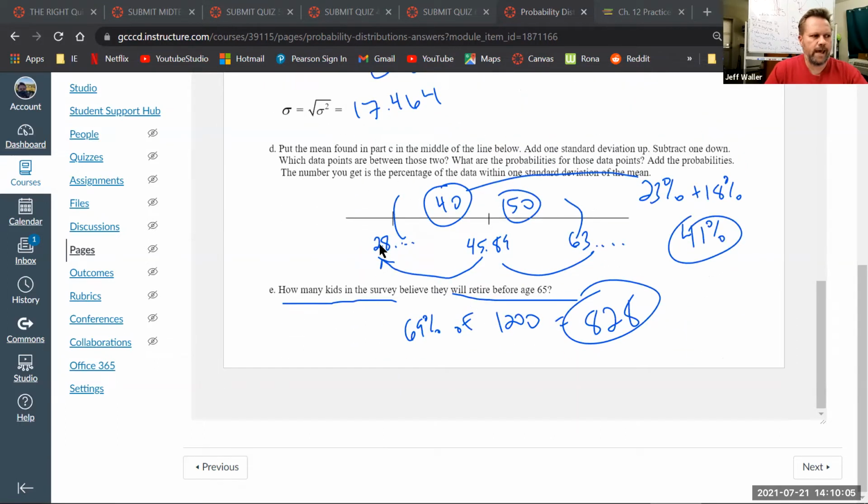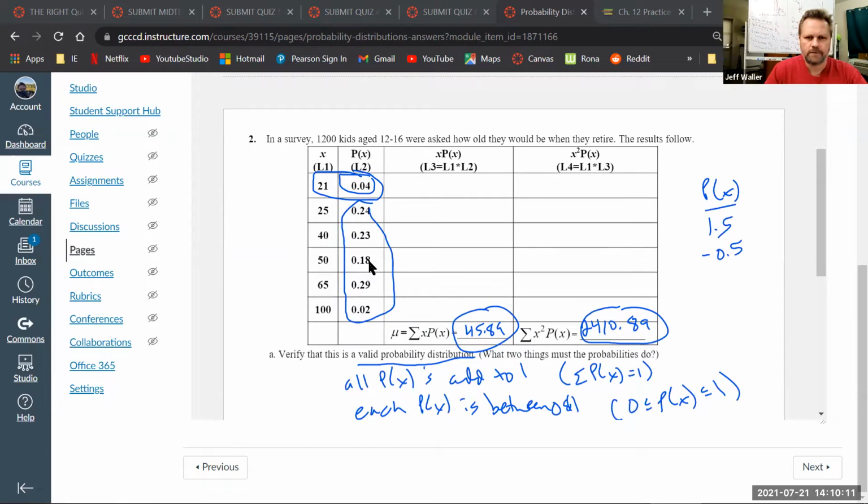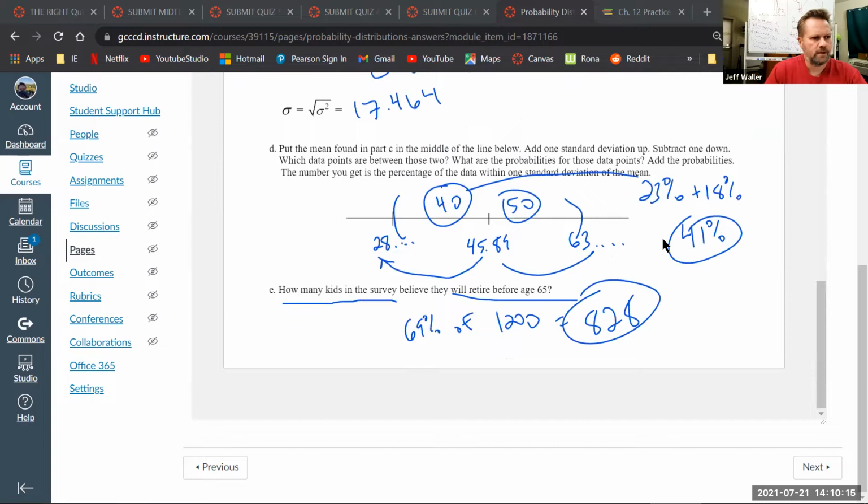So what did I catch between 20 and 63? I caught the people that said 40, and I caught the people that said 50. So therefore, I caught 23 plus 18. I caught 41%. Is that all right? I'm not sure what you mean.